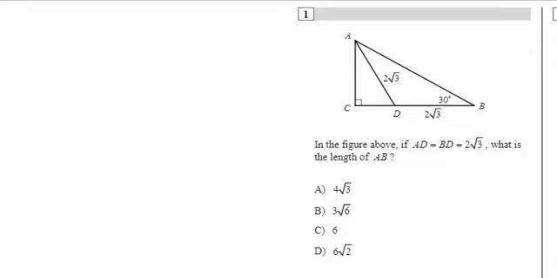So in today's class, we are going to discuss a few more questions on triangles. The very first question, as you can see here, is: in the figure above, AD equals BD equals 2 root 3.